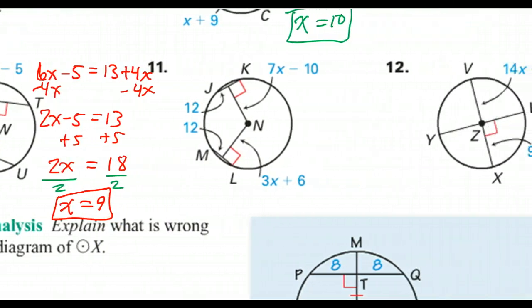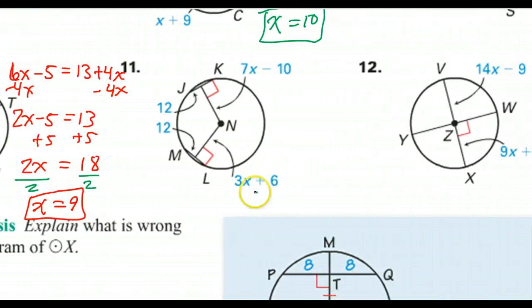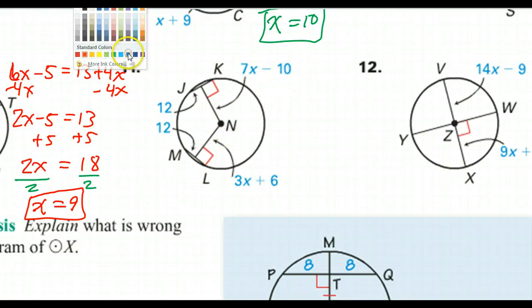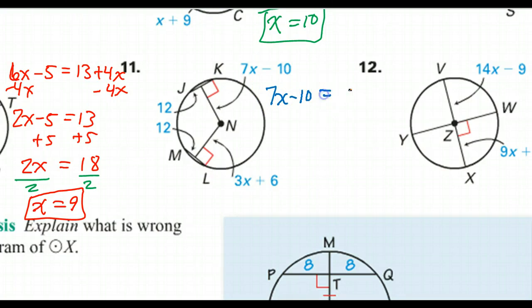All right, number 11. Since the chords are the same, that means their distances from the center must be the same. So here we go again. 7x minus 10 should equal 3x plus 6. Subtract 3x from both sides.